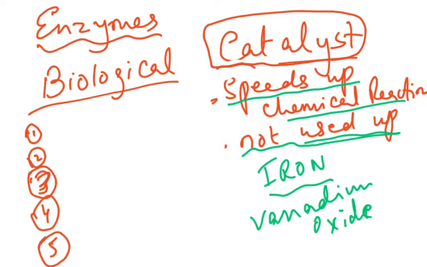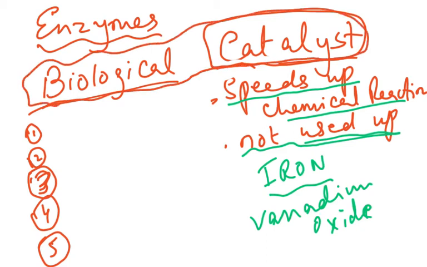Now we say enzymes are biological catalysts. For instance, when you think of biology, you think of just two things. I've often seen from our students, they say, Miss, we study plants in biology, we study humans in biology. So we just study plants and animals. Now, I disagree with that.